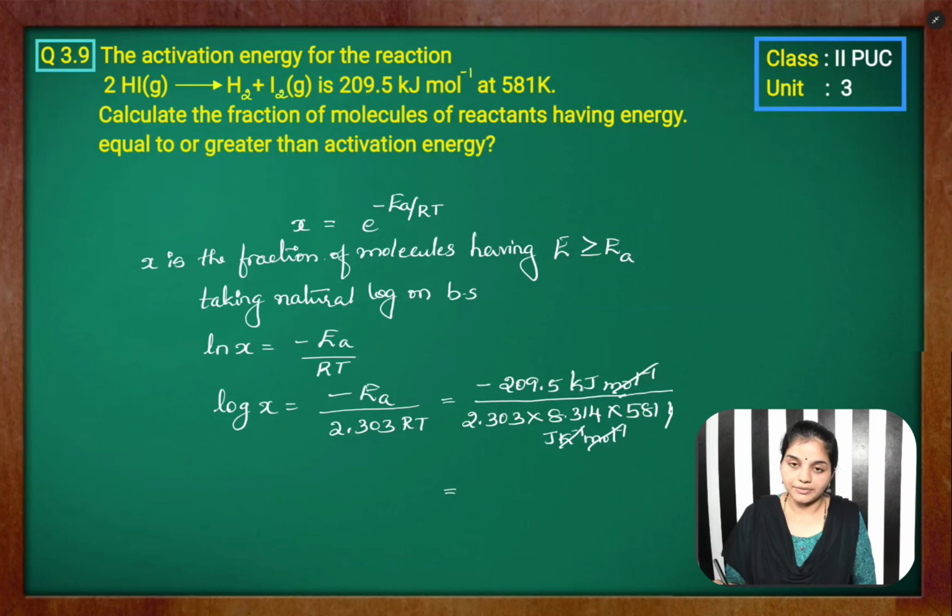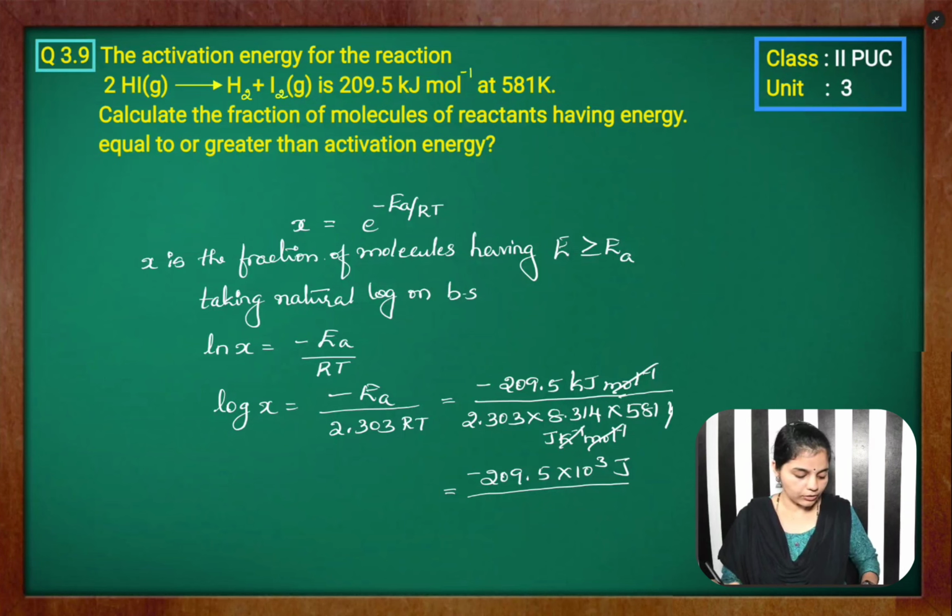In the numerator we have kilojoule, so converting that into joules, I can write minus 209.5 into 10 to the power 3 joules divided by 2.303 into 8.314 into 581, which is equal to 11,124.4895.